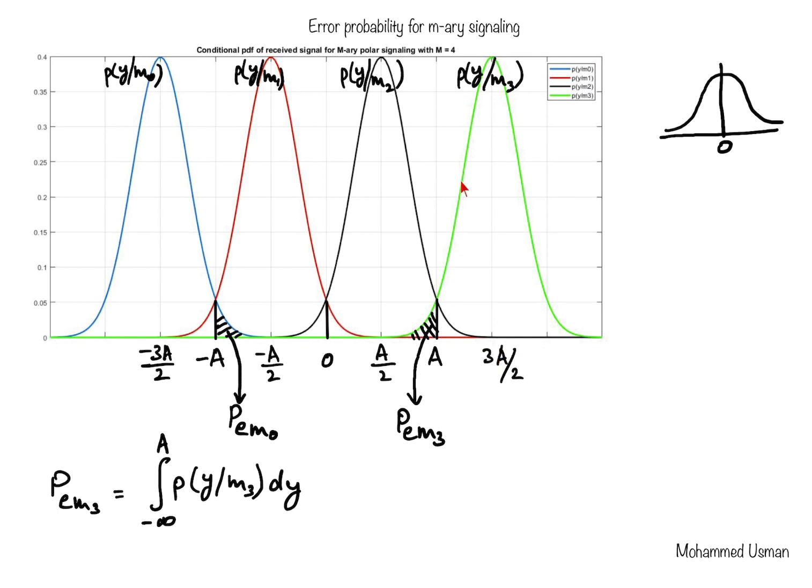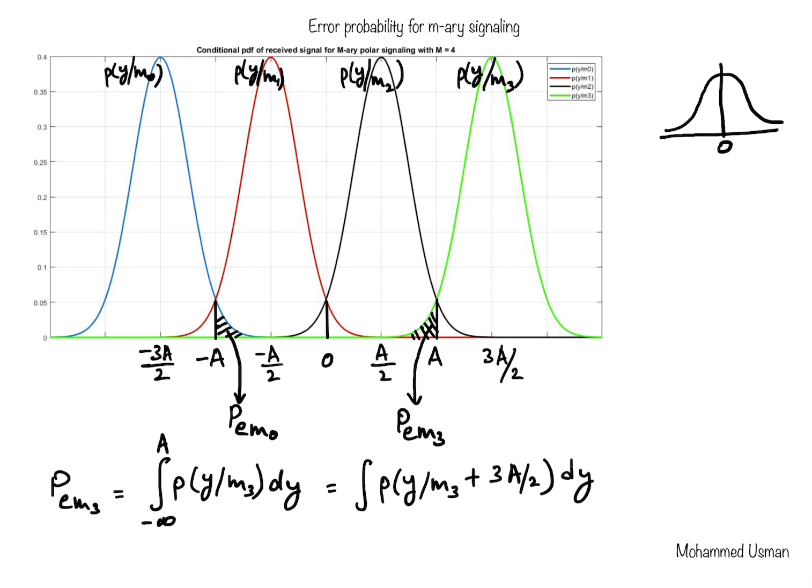So we need to shift this entire green PDF to the left by 3a by 2 and bring it centered on 0. Shifting to the left means plus. So that will be integral of p of y given M3, with shift to the left meaning plus. How much shift? The shift is 3a by 2, dy.